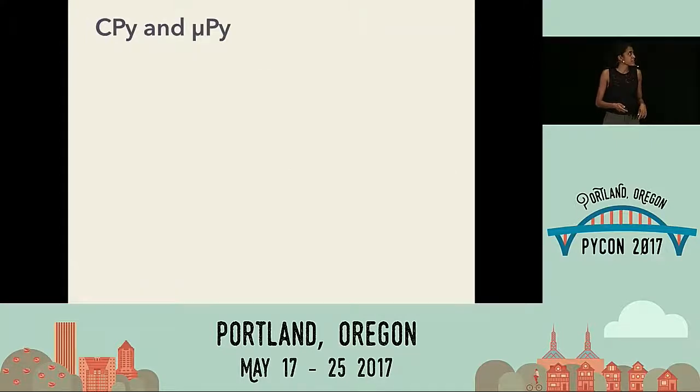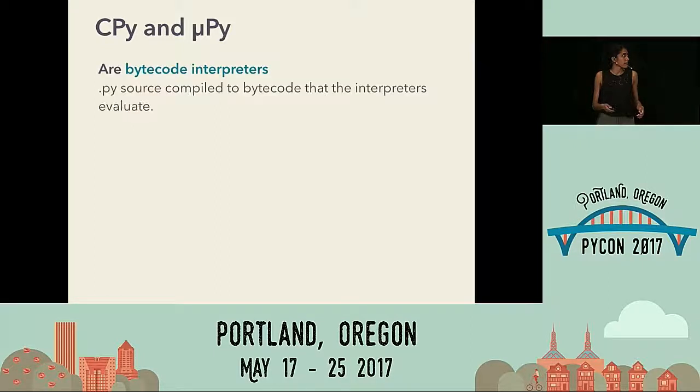All right. So CPython and MicroPython are the two Python implementations we're going to talk about today. So the question is, why did I pick these two? Well, it turns out they're actually fairly similar under the hood with respect to the machinery, with respect to how they operate, right? They're both bytecode interpreters, so the Python source is compiled down to bytecode, and that is what's evaluated.